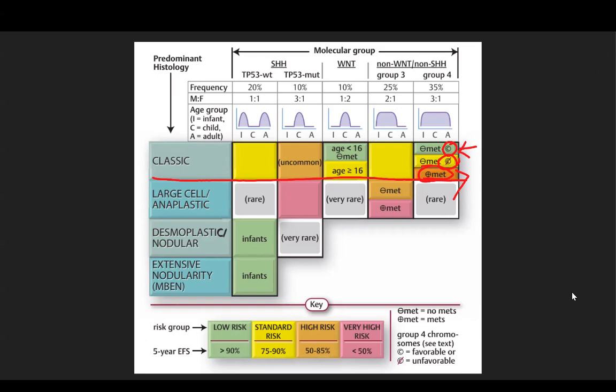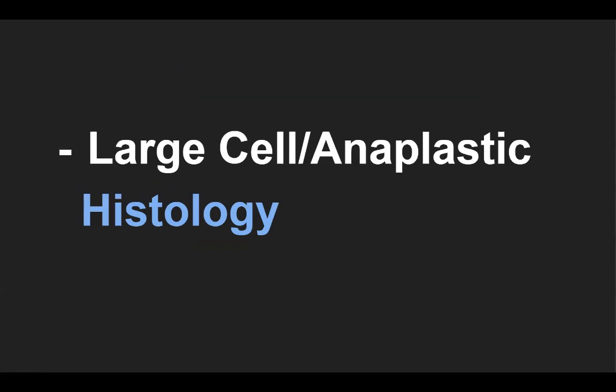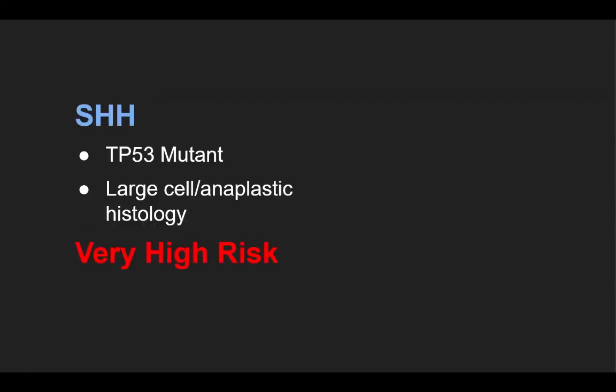Let me change the slide and go back. So we move on to the next row. What was the next row? Large cell or anaplastic histology. There are only 2 groups here. Sonic hedgehog, TP53 mutant, large cell or anaplastic histology, they are a very high risk group. We already know it. TP53 mutants behave in a very high risk manner, more so if their histology is large cell or anaplastic.